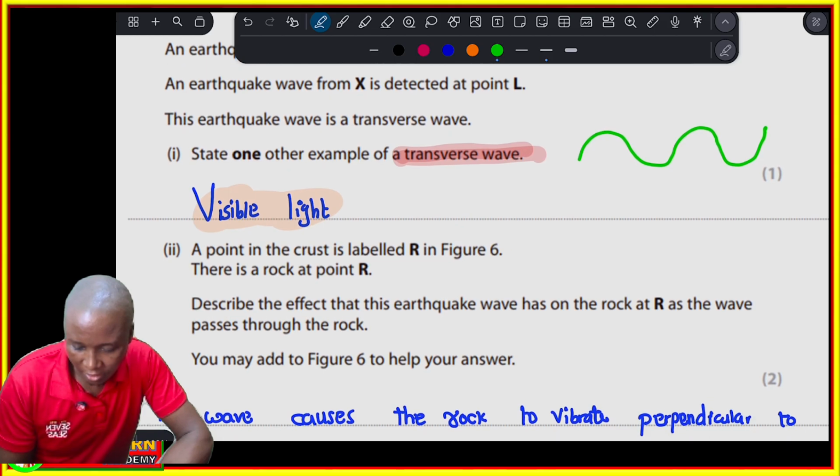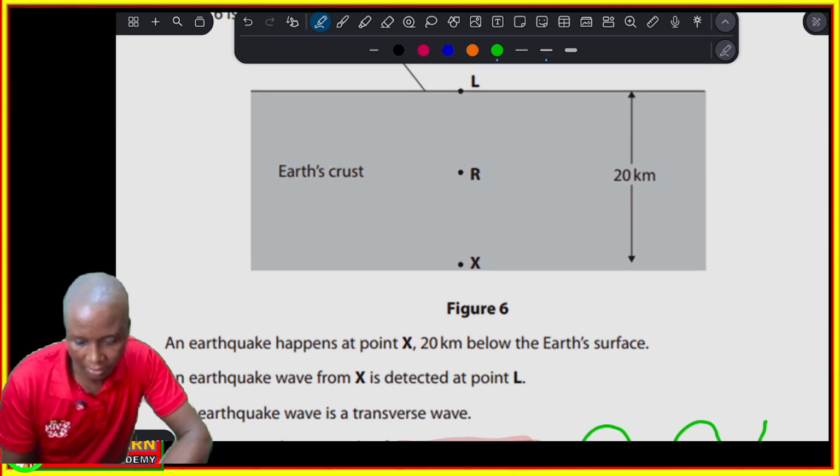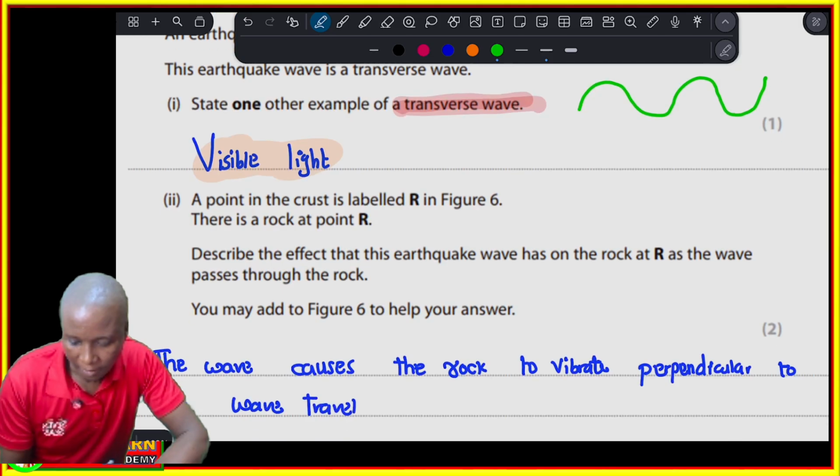A point in the crust is labeled R in the figure.